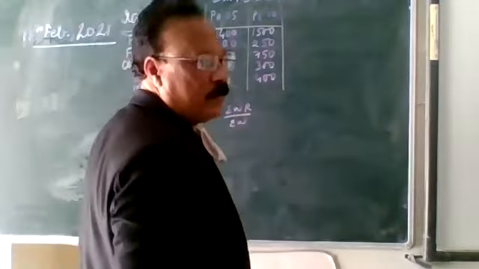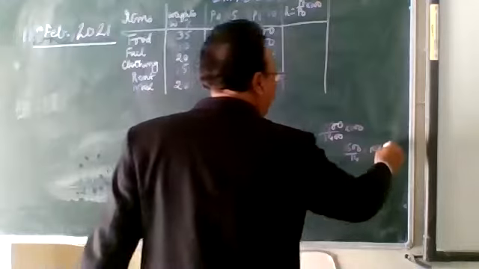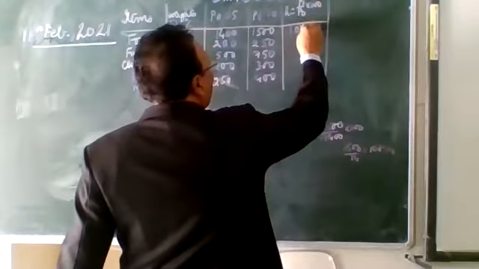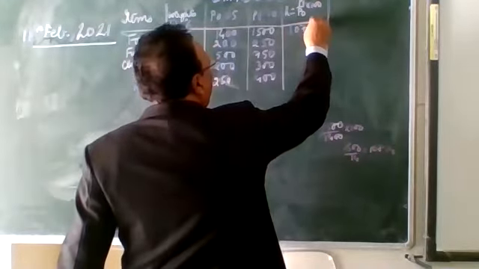These two cut off. Then 1500 divided by 14, you get 107.14. Likewise, second one, 250 upon 200 into 100, that is equal to 125.